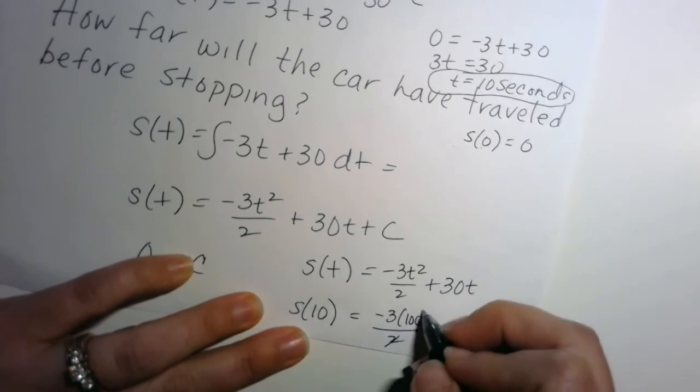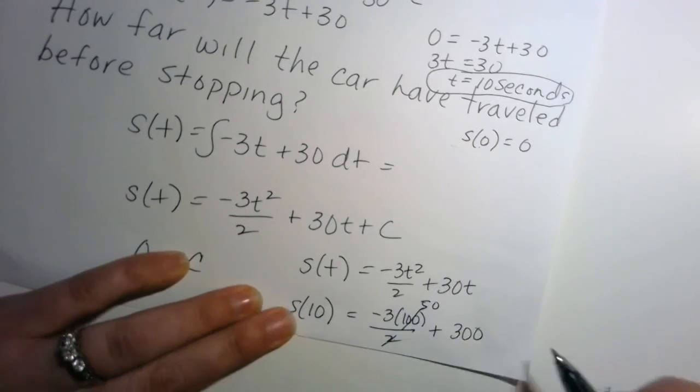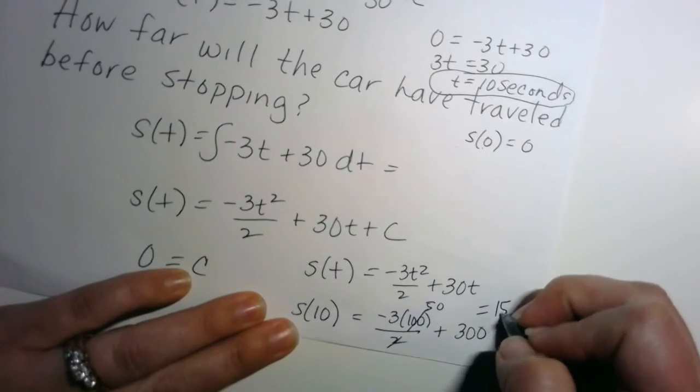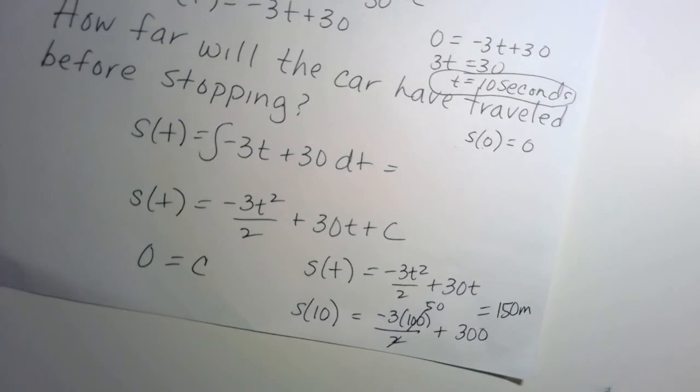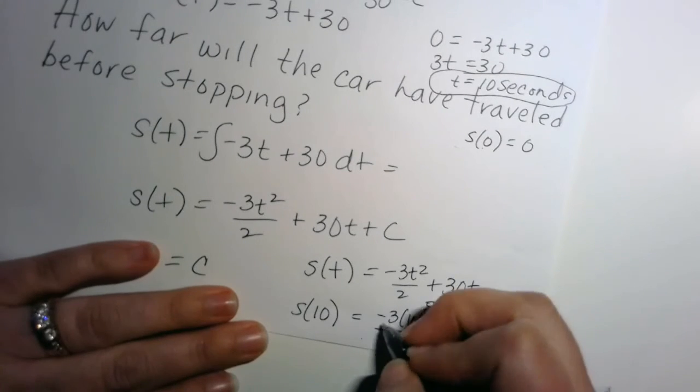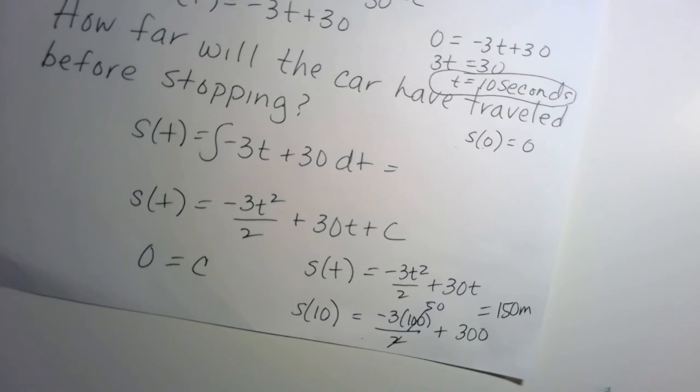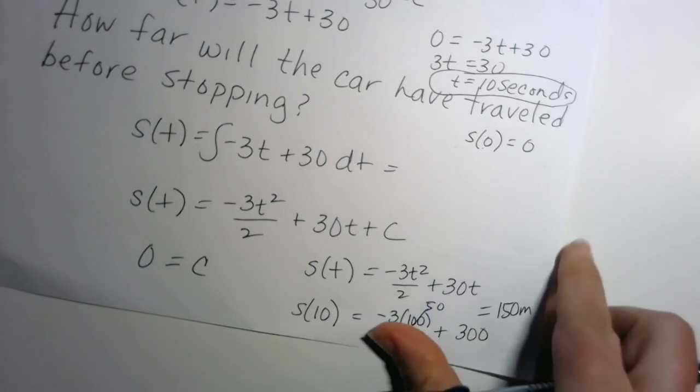So I can simplify this. I end up with negative 150 plus 300. Negative 3 times 50 gives me negative 150 plus 300. So the car traveled 150 meters in those first 10 seconds.